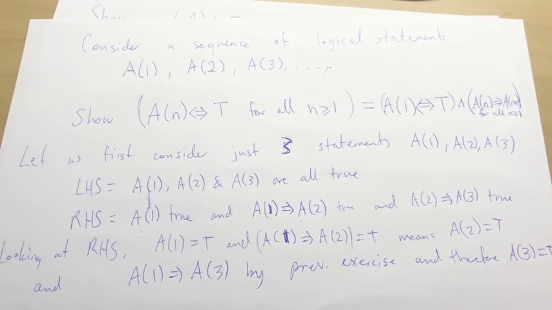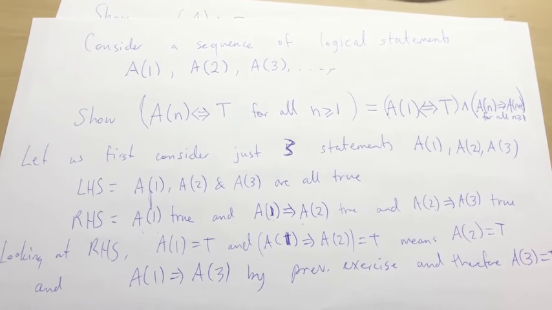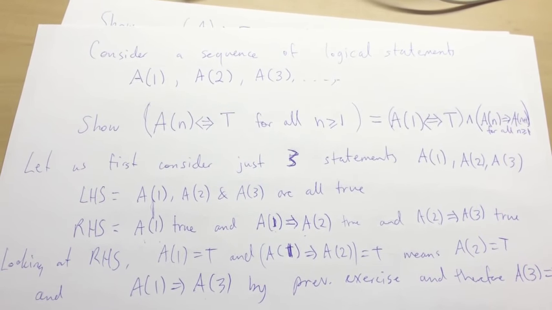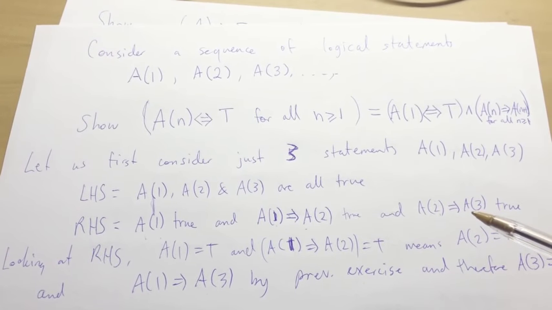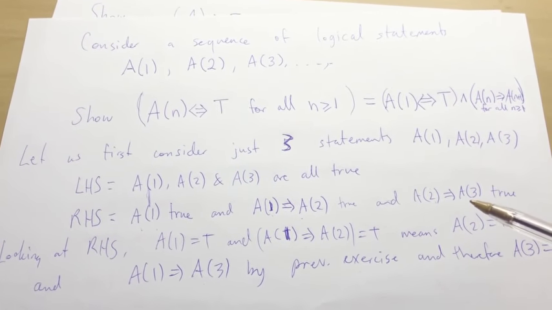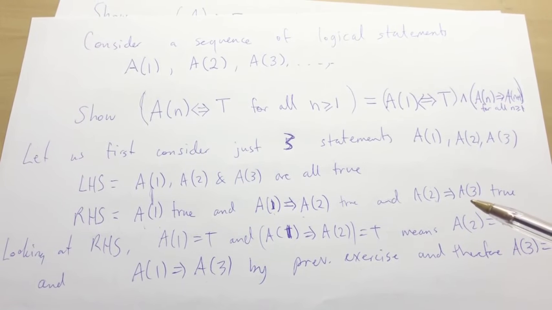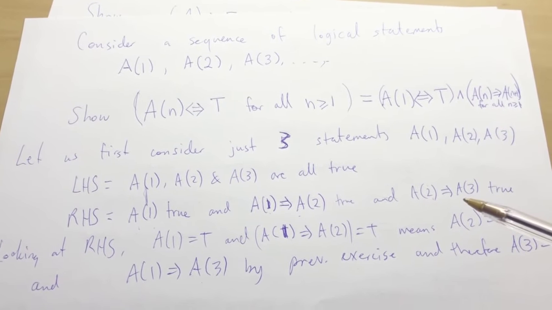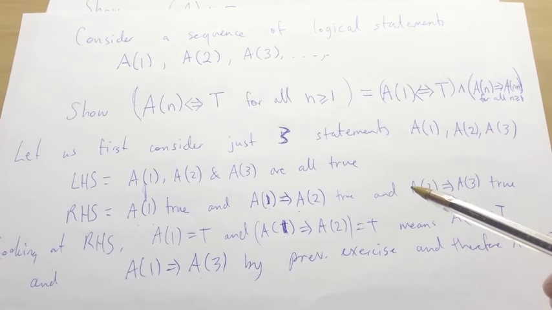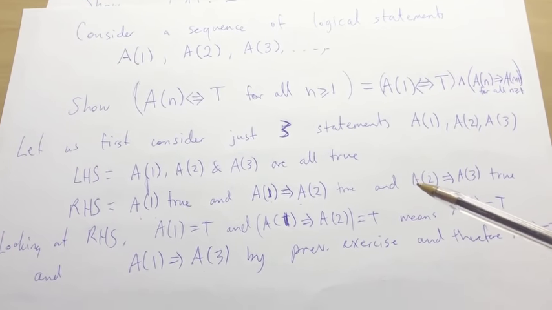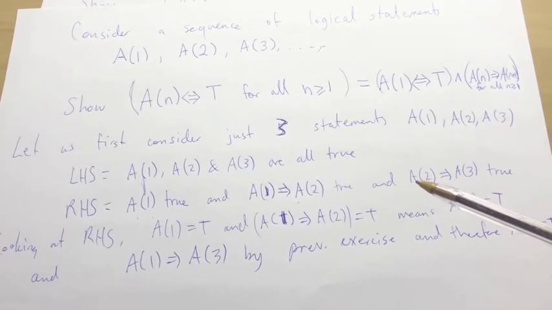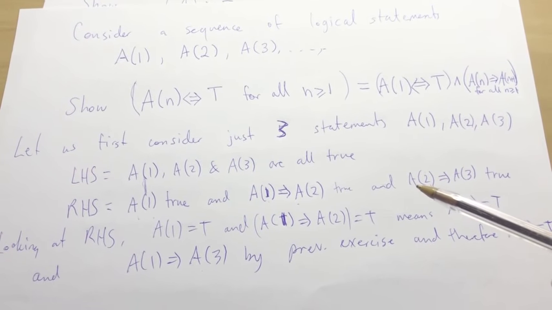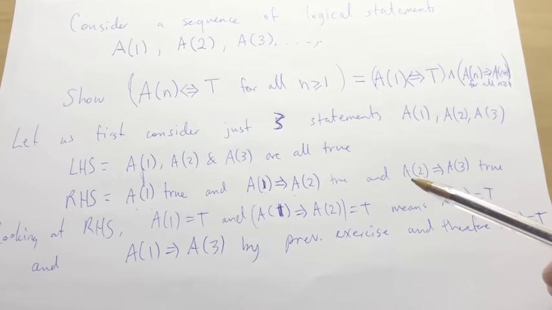But that doesn't necessarily give us what to do for the original problem, and I want to maybe come back to the original problem at another time. Can you see how a simpler version of the original problem is to apply this logic over and over again to prove that some finite sequence of statements is true? The problem now is to show this for the whole sequence of statements.